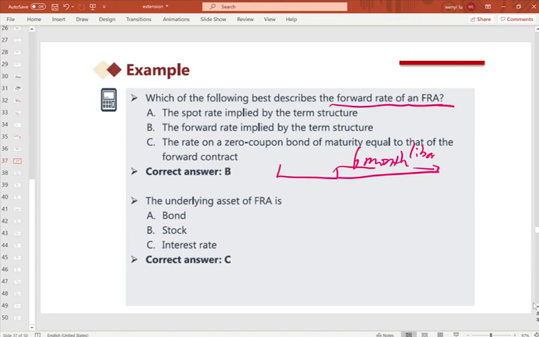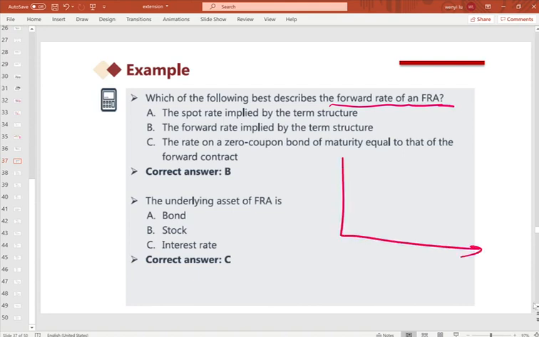If you borrow money for 3 months, it will be the 3-month level. So based on how long you want to borrow the loans, you will be charged a different interest rate. So we can plot these things into a graph.